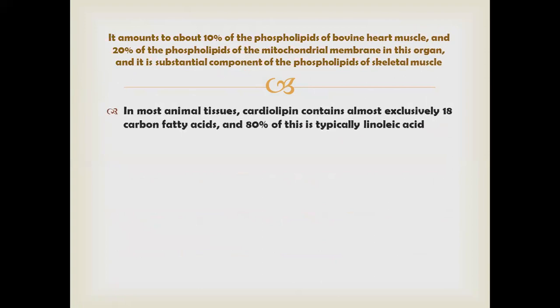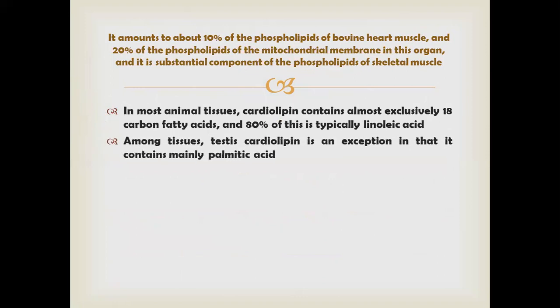In most animal tissues, cardiolipin contains almost exclusively 18 carbon fatty acids, and 80% of this is typically linoleic acid. So बहुत सारे animal tissues में cardiolipin that contains almost exclusively 18 carbon fatty acid, and out of these, 80% is typically linoleic acid.